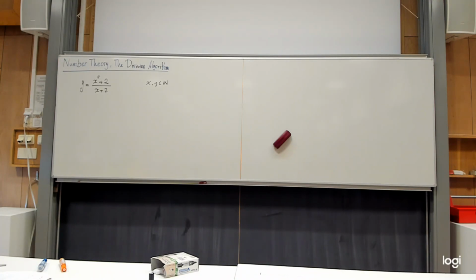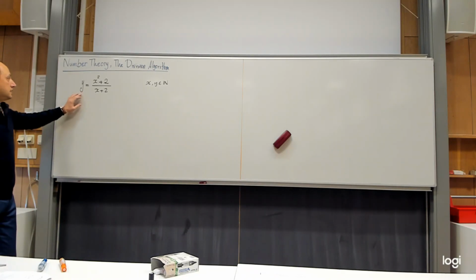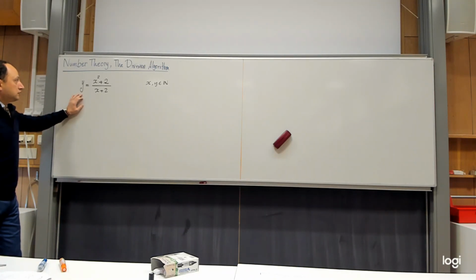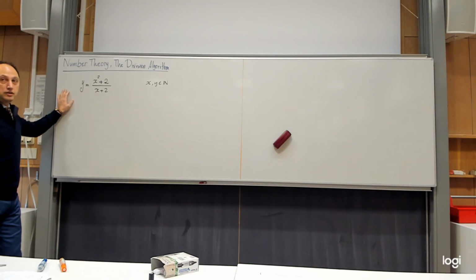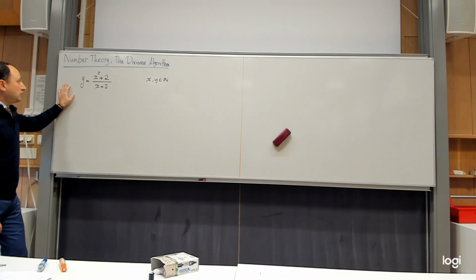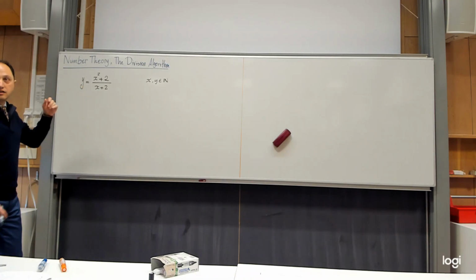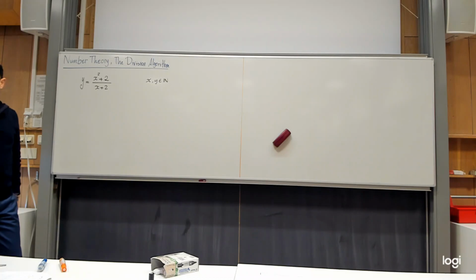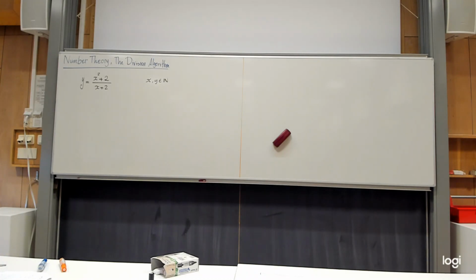I want to find x and y in a way that they satisfy this equation, and of course I want them to be natural numbers. One of them is very easy to guess, yes? Can you guess one of them? Actually, 2 of them are very easy to guess, by the way.